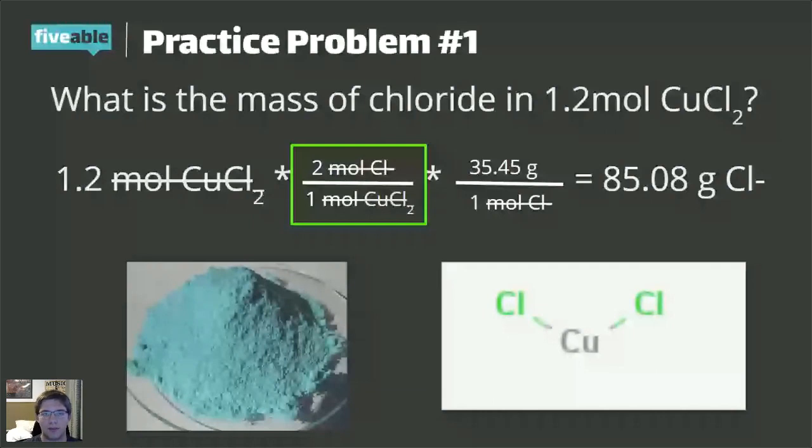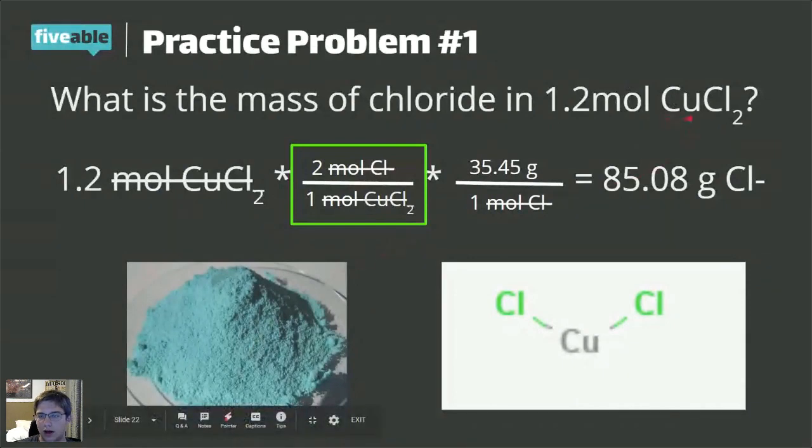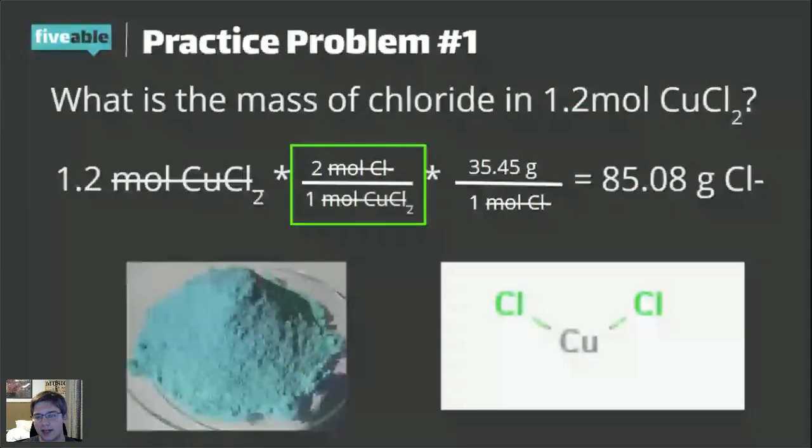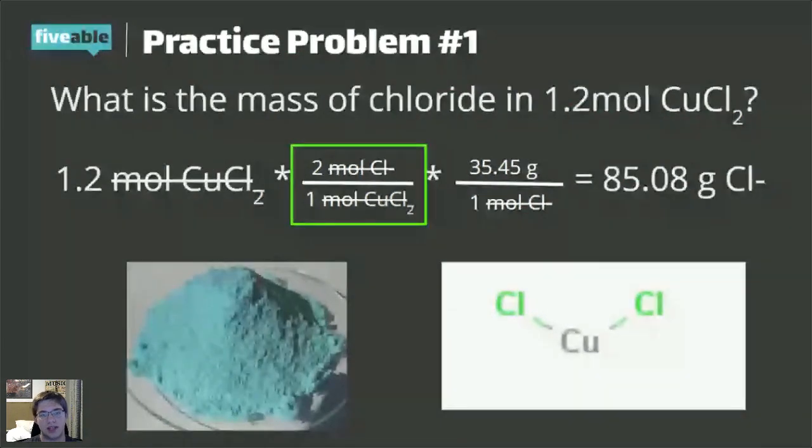And that's simply found by looking at the chemical formula. We have 1 copper and 2 chlorides. And so we know that if we get together 6.022 times 10 to the 23rd of copper 2 chloride, we have 1 mole of it, we're going to have double the amount of chloride, because for every 1 copper, we have 2 chlorides.